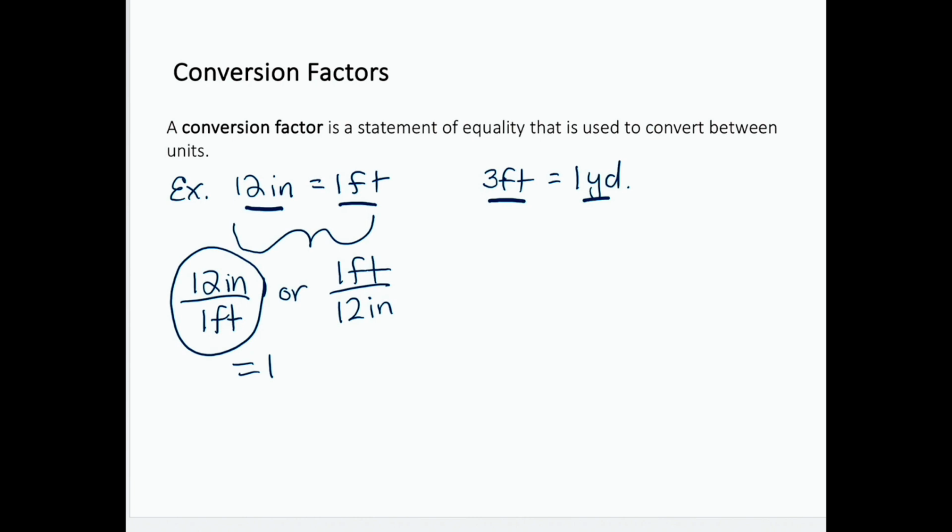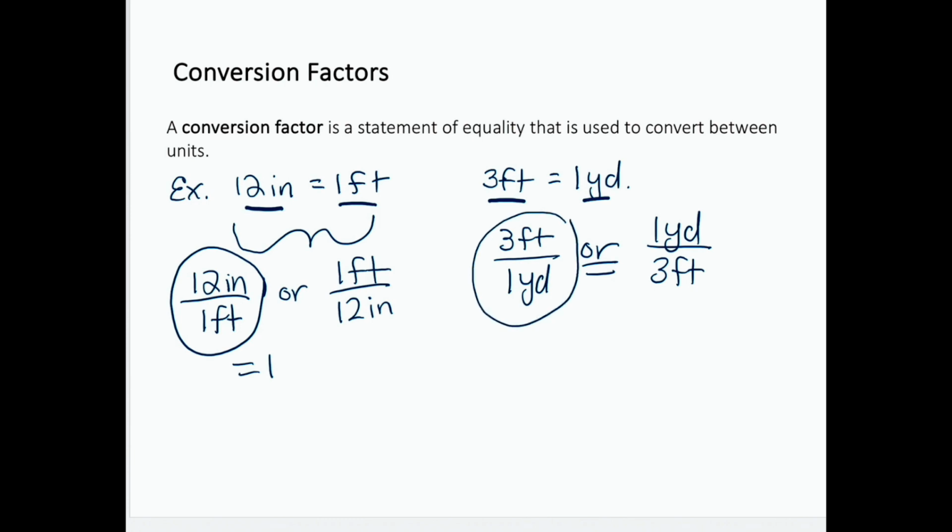Same thing for this one. When you have a conversion factor, you can write it with 3 feet on the top and 1 yard on the bottom, or you can write it with 1 yard on the top and 3 feet on the bottom. Because 3 feet is equal to 1 yard, this is equal to 1. Both of these are equal to 1. So if I multiply it by something, it's not going to change the value, but only the way that it looks.